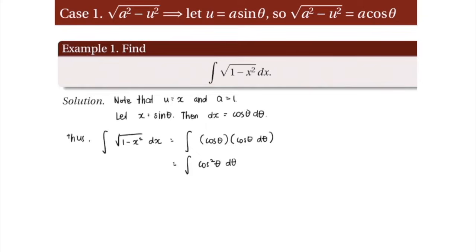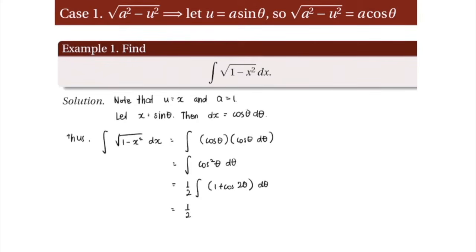So, we want to know here an antiderivative for cosine squared theta d theta. And recall, coming from the previous lecture, nagagamit tayo ng half-angle identity, wherein yung cosine squared theta is actually equal now to 1 half of 1 plus cosine of 2 theta. And then we integrate that with respect to theta. And so, this would give us now 1 half.